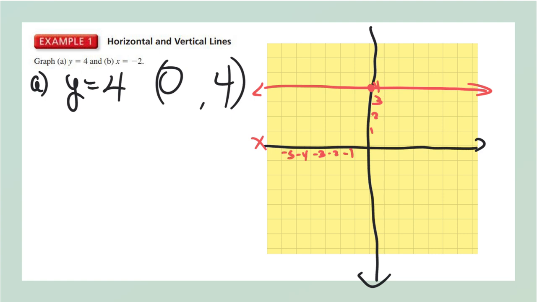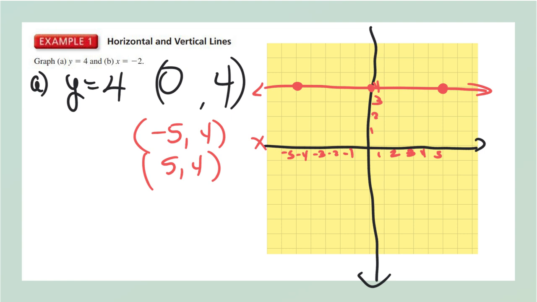If I go (-5, 4), am I still on the line? What if I go 1, 2, 3, 4, 5, positive 5 and 4? In other words, for every value of x, the value of y is going to be 4. It's always going to be 4 when y equals 4.